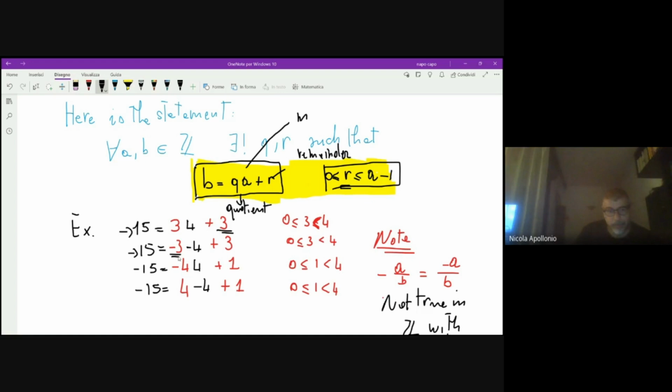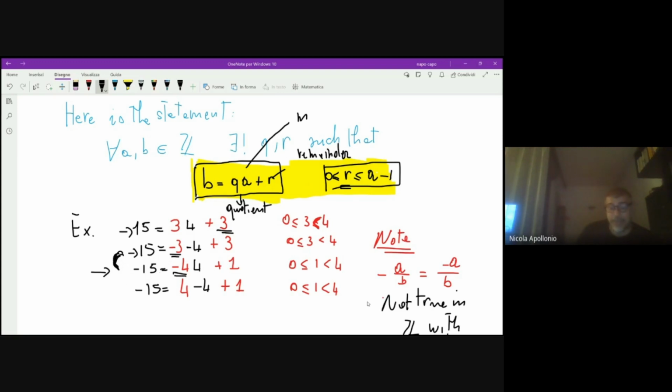So far, so good. But here is the difference. Suppose you want to divide minus 15 by 4. Oh, now you see that you have to put here minus 4 and add 1. And this is really different in these two cases.